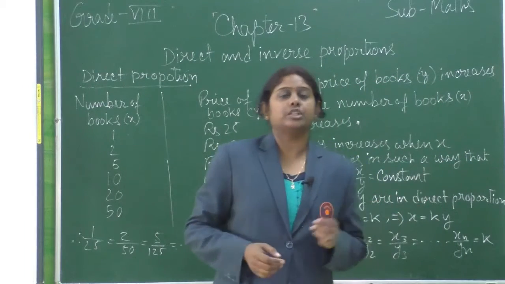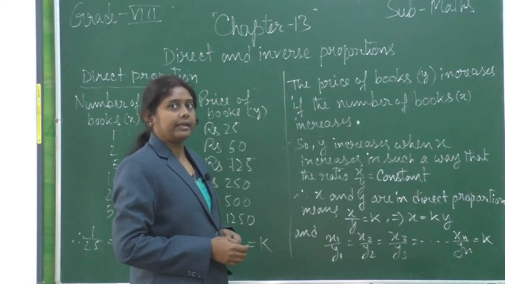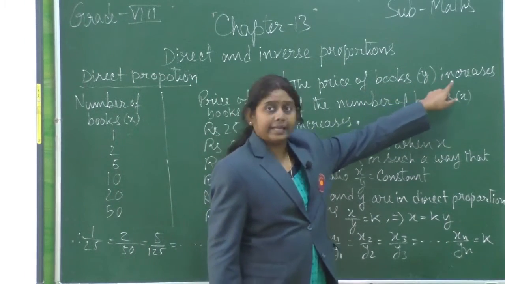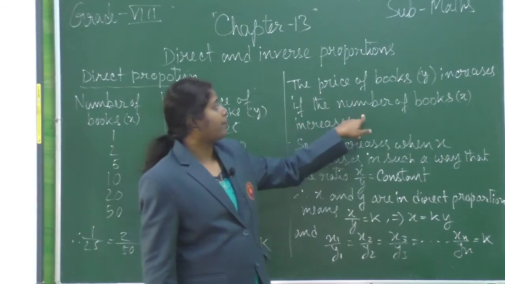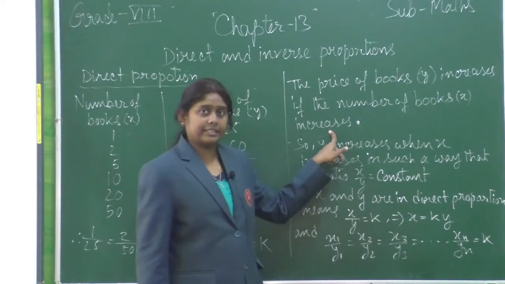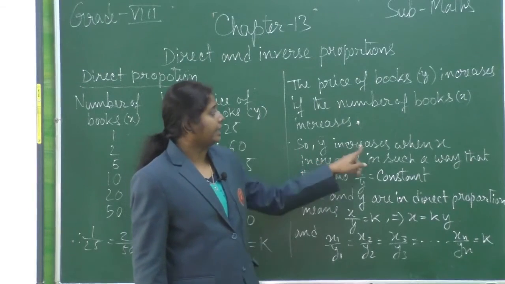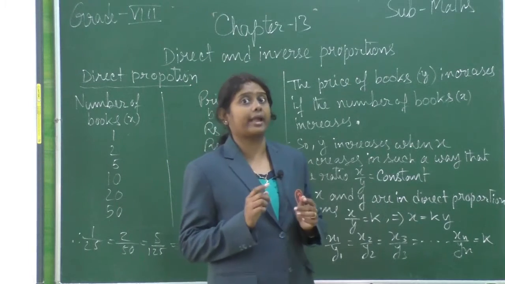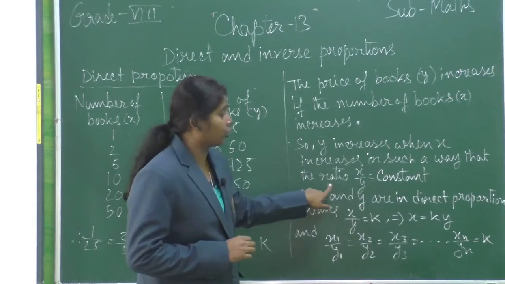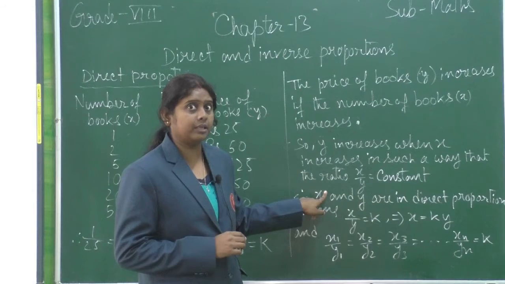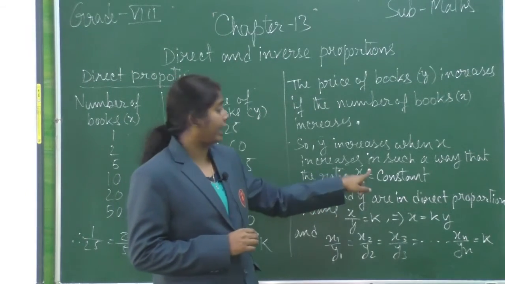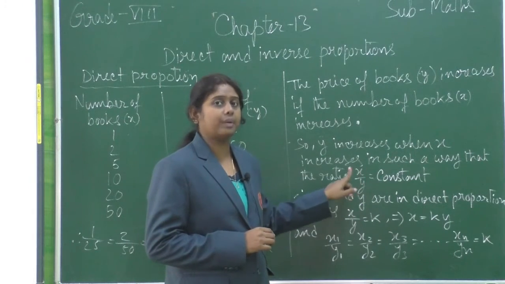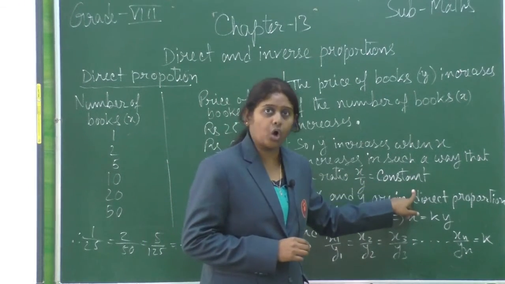Now come to the general definition of direct proportion. The price of books Y increases if the number of books X increases. So Y increases when X increases in such a way that the ratio, this is the important term here, the ratio of X by Y is equal to a constant.